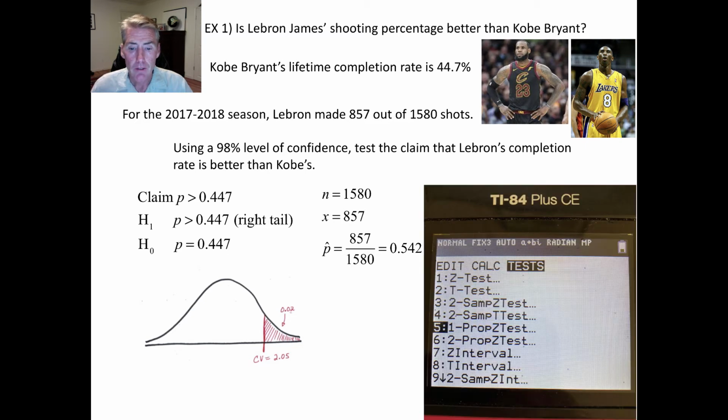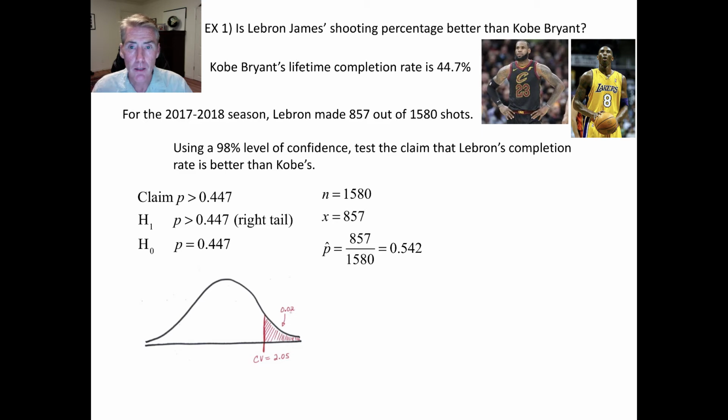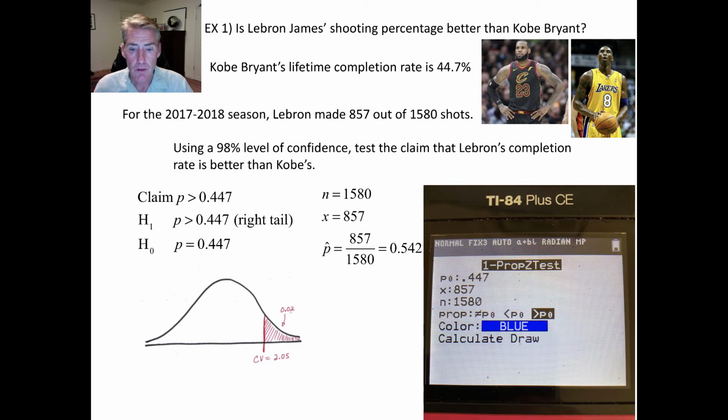And then use the calculator. So go to Stat, Tests, and then 1-PropZTest. Next, this right here says p0. So that's saying when you look at H sub 0, what does p equal? So that'll always be the number from the claim, 0.447.